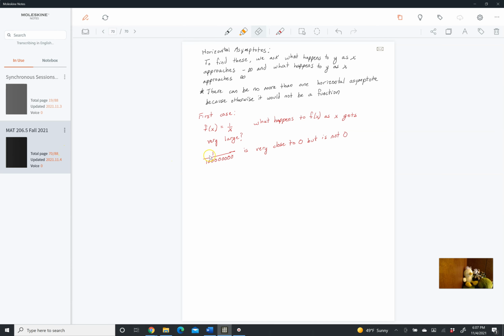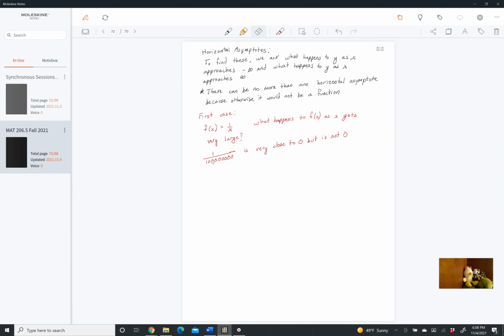If we have 1 cookie and we decide to break it up into, what do we have here? 100 million pieces, right? Then every person is going to get a really infinitesimal piece of cookie. So it's almost nothing, but it's not nothing.